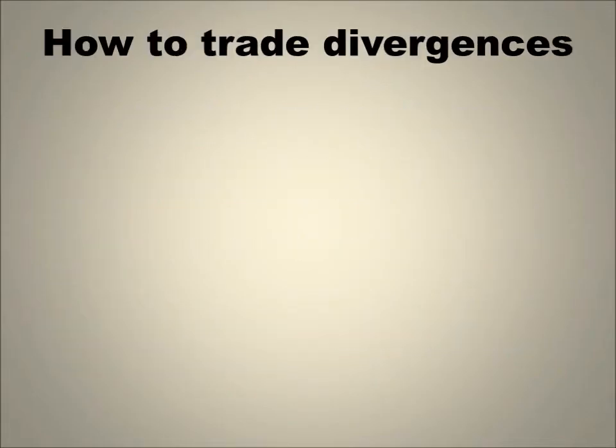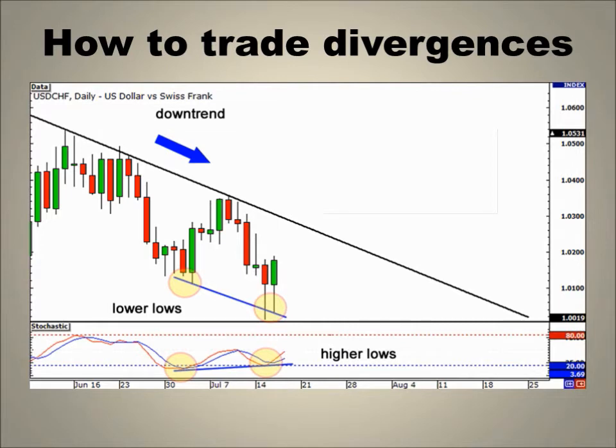So remember that. Okay, so in this part of the video, we're going to learn how to trade divergences. Now we have a real candlestick chart, and here we can see our downtrend, and again, the highs are getting lower, and lower lows. But let's look at the oscillator portion.